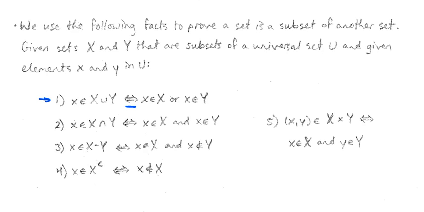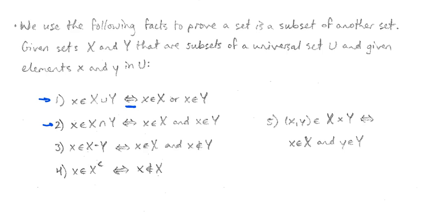So that is essentially saying these things are the same thing. Saying x is in the union is saying x is in one set or it's in the other set. Property number two, to say that little x is in capital X intersect capital Y means that little x is in capital X and little x is in capital Y.